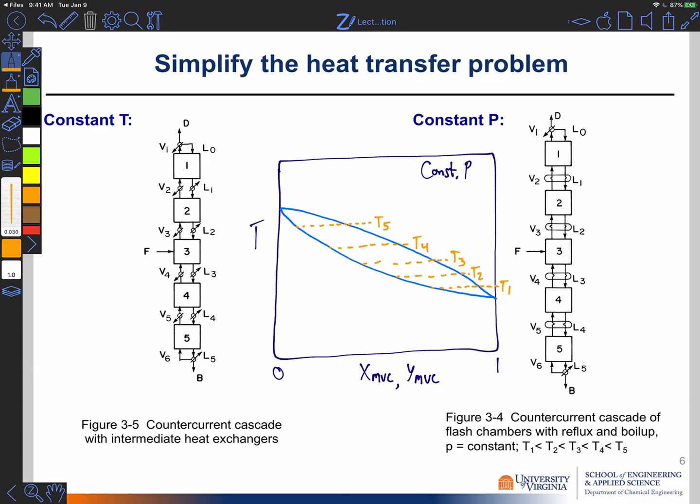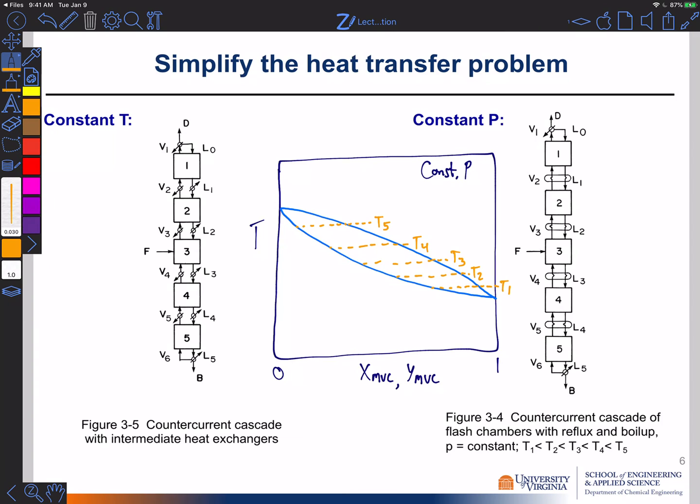And what we're going to see happen here is as we go toward lower and lower temperatures, the vapor product that we're getting at each one of these stages becomes more and more enriched in the more volatile component.